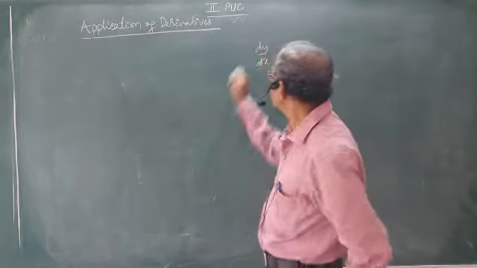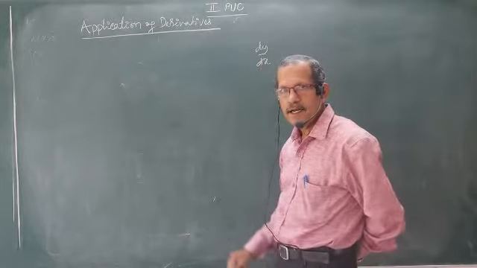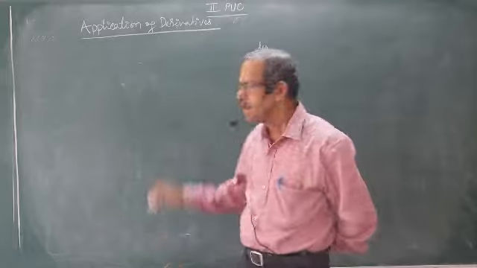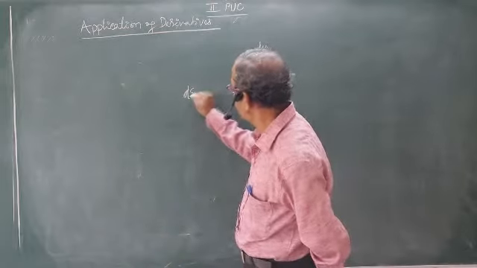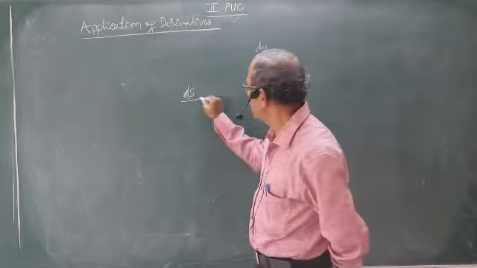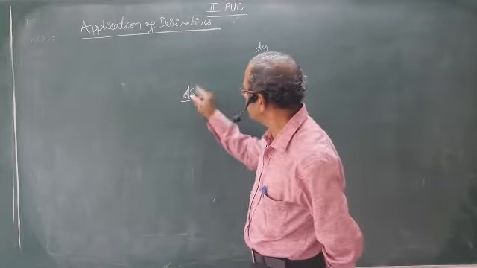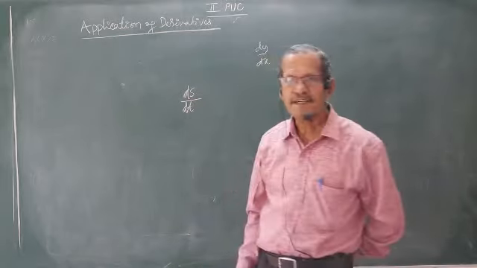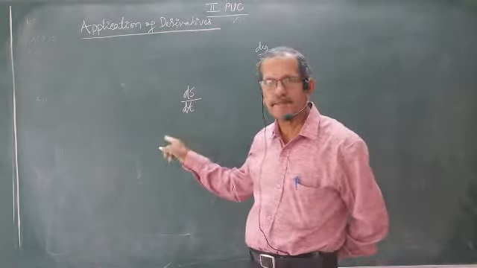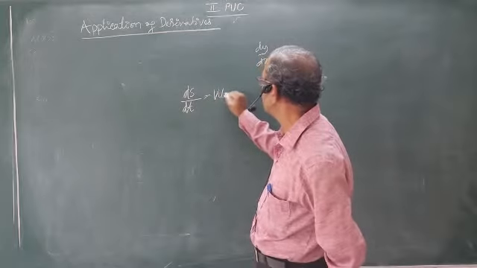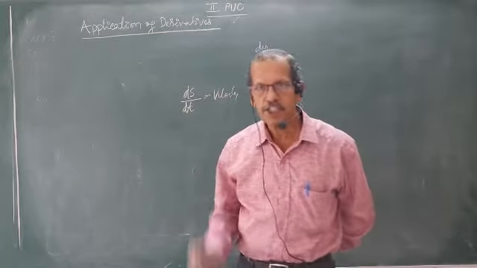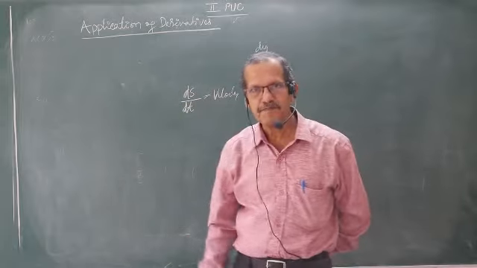Now, instead of this y, if it is the distance travelled by a particle, find the rate of change of distance with respect to time. Rate of change of displacement with respect to time, you already know, is velocity. You can find the velocity of the particle just by finding the derivative.